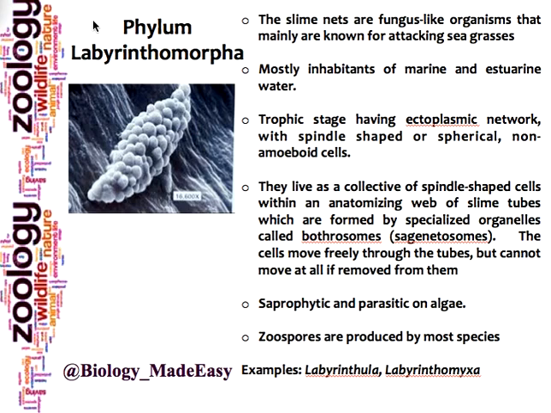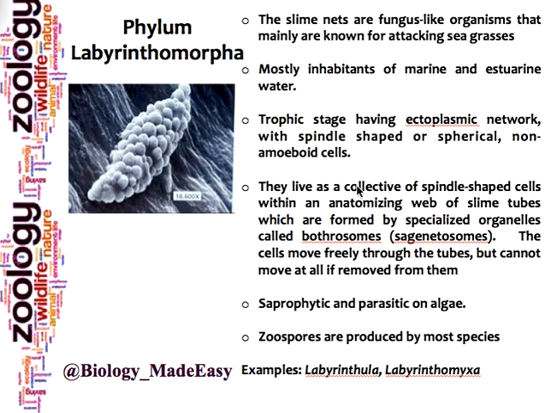Next is Phylum Labyrinthomorpha. They form a kind of slime net which is fungus-like, and they are mainly known for attacking sea grasses. Most of them inhabit marine and estuarine water, and their trophic stage has an ectoplasmic network with spindle-shaped or spherical non-amoeboid cells.